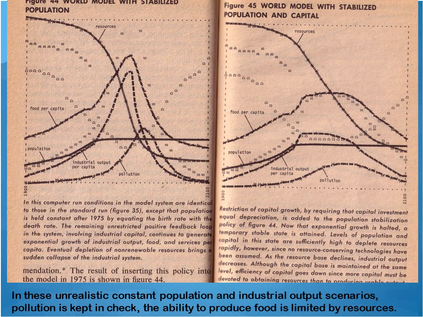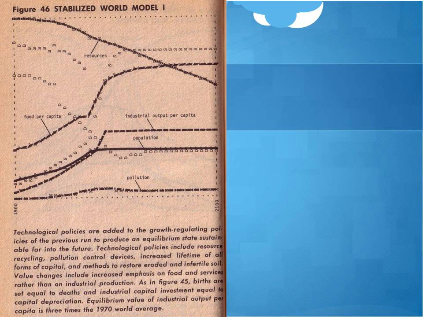But it's useful to just look at the outcomes. The pollution is kept in check because the growth is limited, but the ability to produce food is limited by resources, and so that's another outcome of this. And both are pretty much the same.